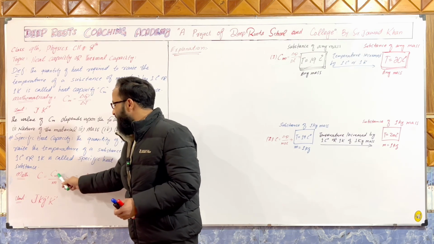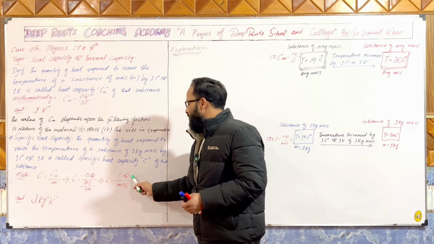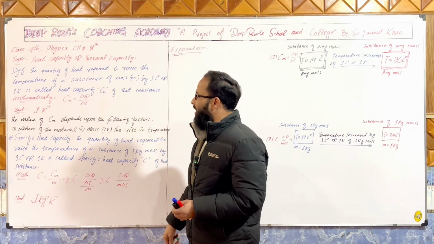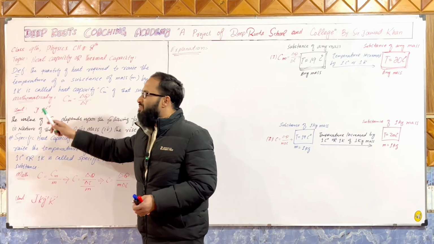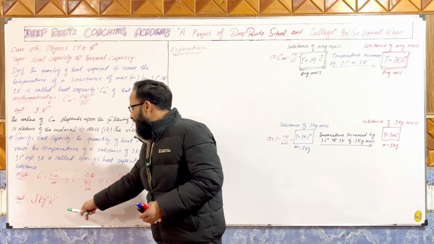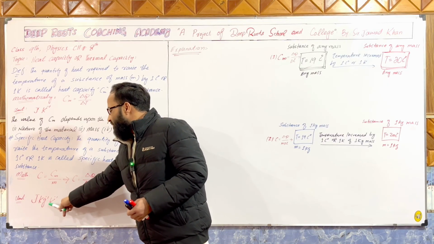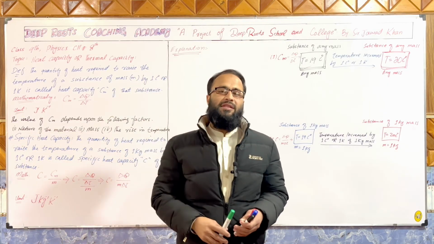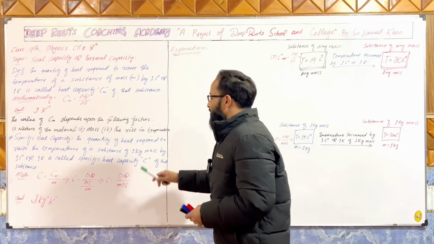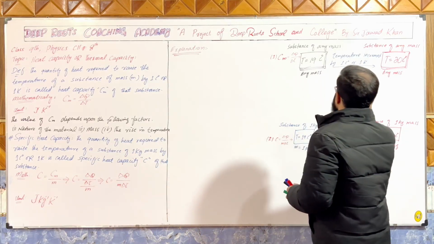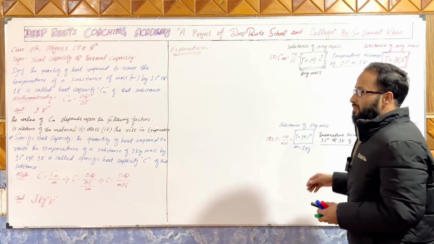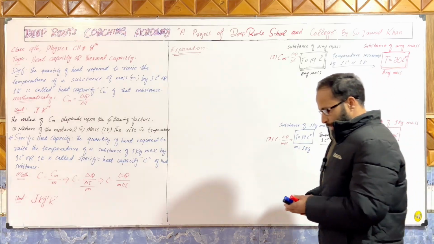Mathematically, C is given by Cm by M, or C is equal to del Q divided by M del T. The unit of heat capacity is joule per Kelvin, and the unit of specific heat capacity is joule per kg per Kelvin. There are diagrams, and I will explain them in detail.